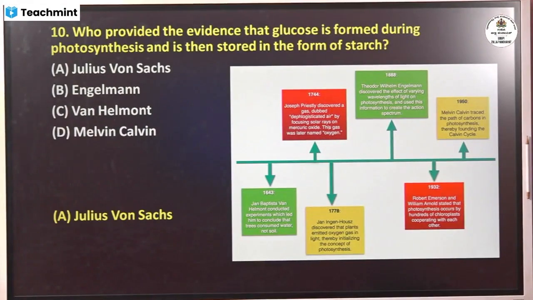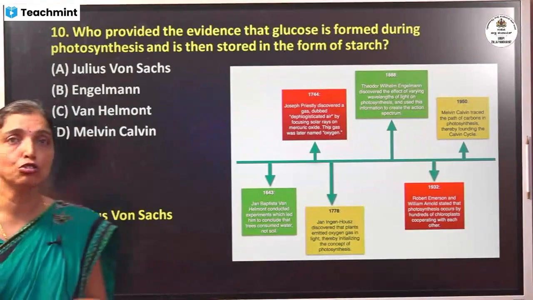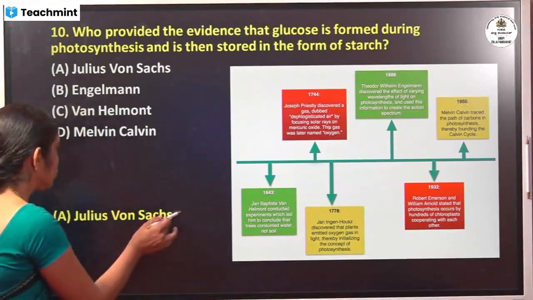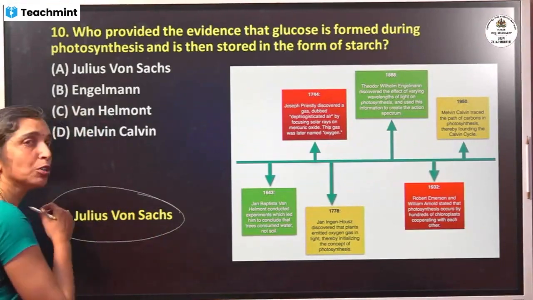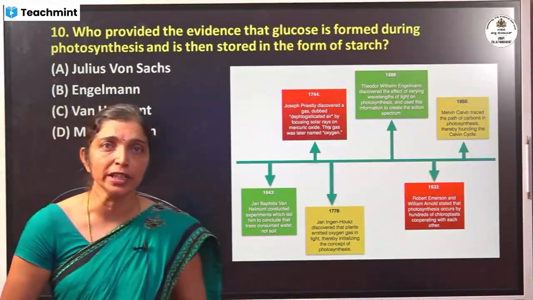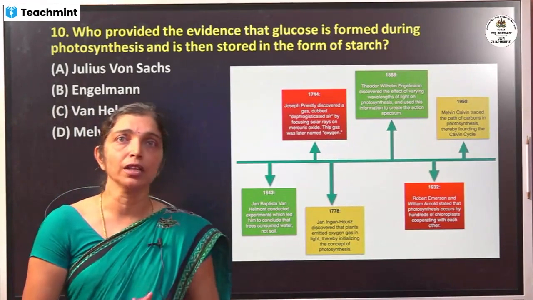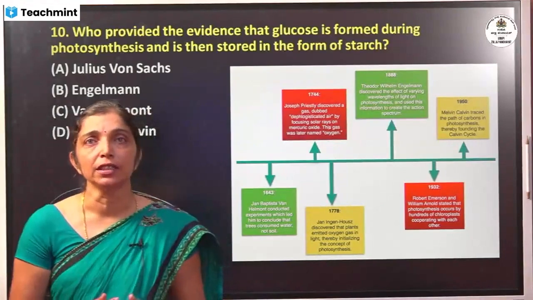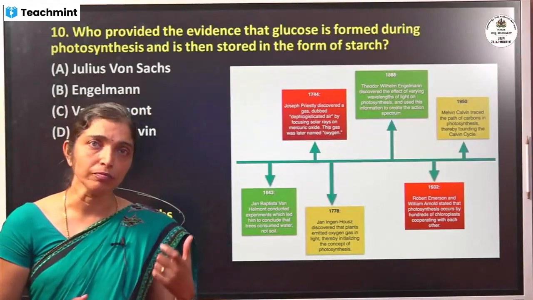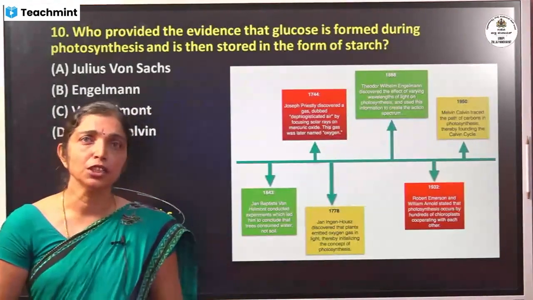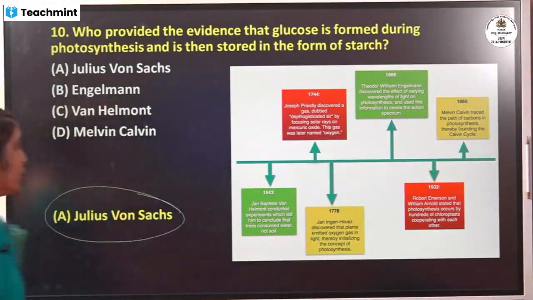It was Julius von Sachs. We are also familiar with him because of his work on the hydroponic technique. He gave us the evidence that the glucose formed during photosynthesis is stored in the form of starch.